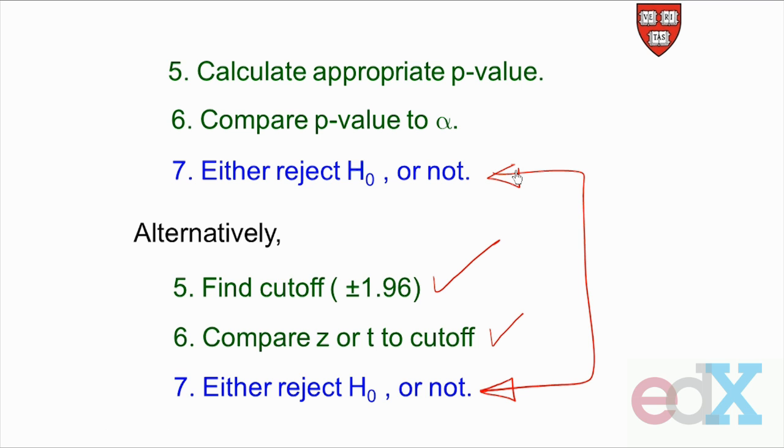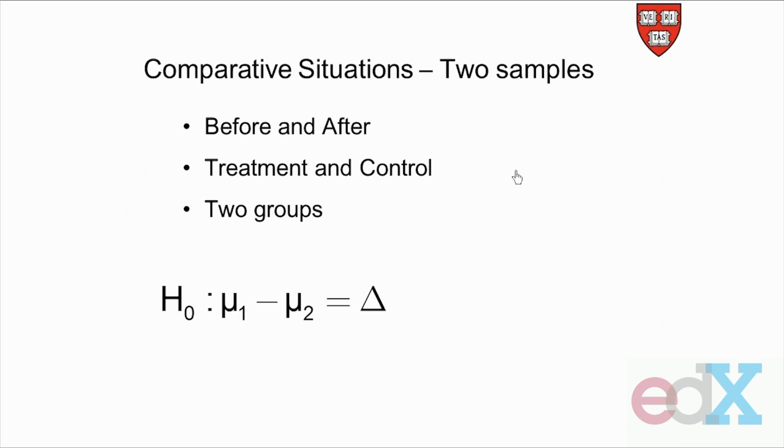Now, let's move on and generalize this to the situation where we have two samples. So the two sample situation, why would we look at this? Well, one example might be a before and after situation. You've seen those ads where you see the person before going on the diet and then after going on the diet.